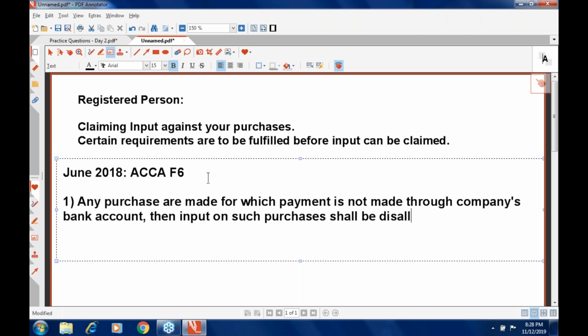So remember, if you want to claim input, it's important that you make payment through your bank account, and that too the business bank account.